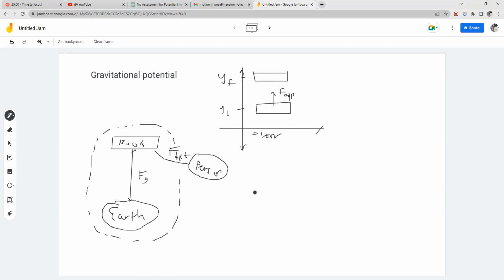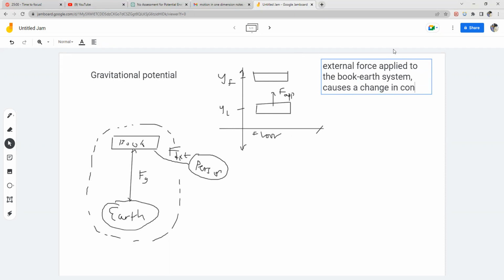So what changed? Something must have changed. Well, what changed is the height; the book is now at a higher place. And according to our lesson, there is a change in configuration. So an external force applied to the system, the book-Earth system, causes a change in configuration of the system.